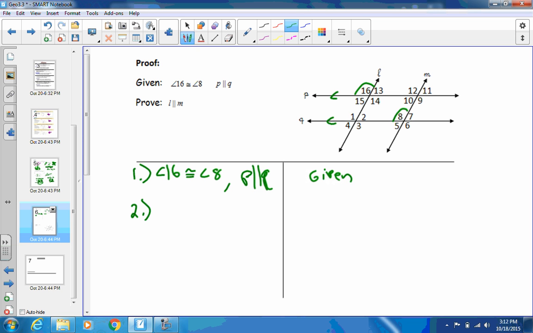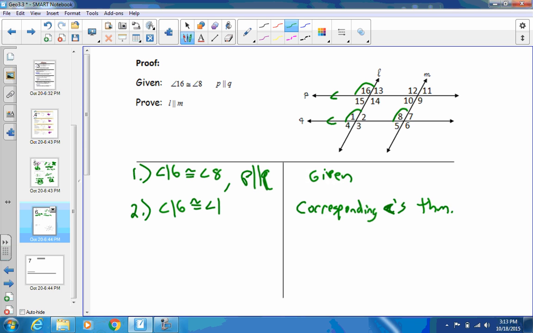If lines P and Q are parallel, we can say that angle 16 is congruent to angle 1, that would be corresponding angles. Sorry, that's my angle symbol. Corresponding angles theorem.